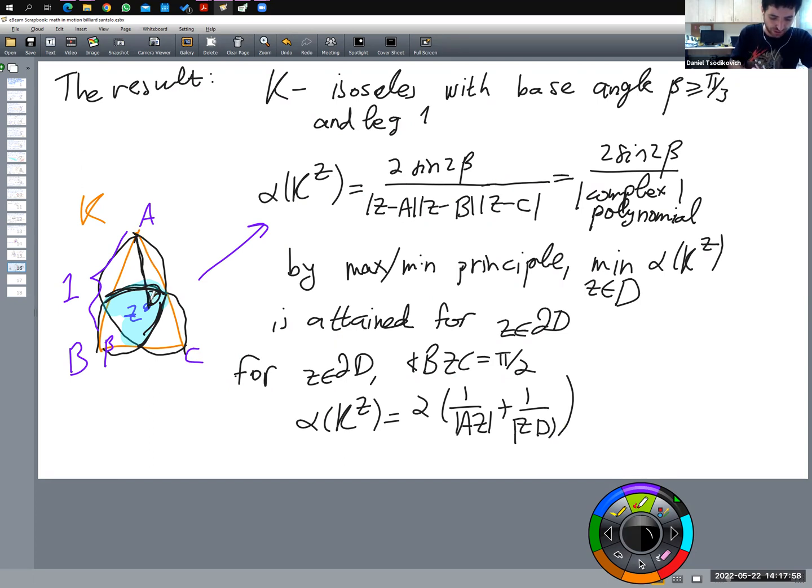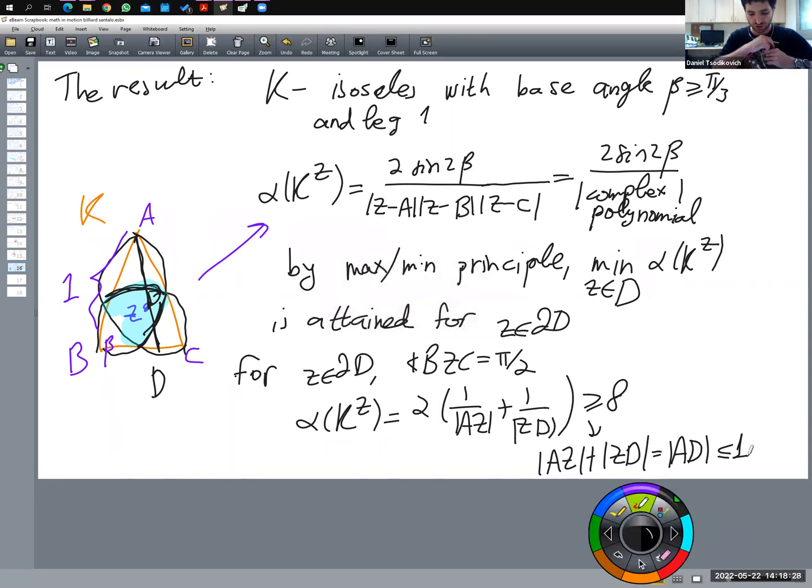I mean, their sum is at most the length of AD, and the length of AD is at most 1, which is the diameter. So now, by more or less a harmonic-arithmetic mean inequality, one can show that this is at least 8, because the sum of AZ plus ZD is the length of AD, which is at most 1.